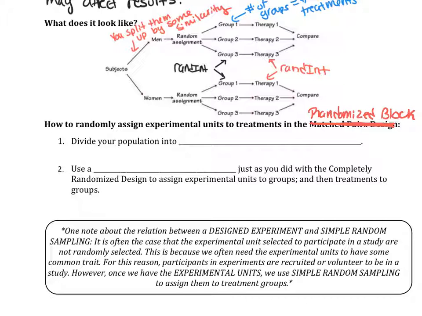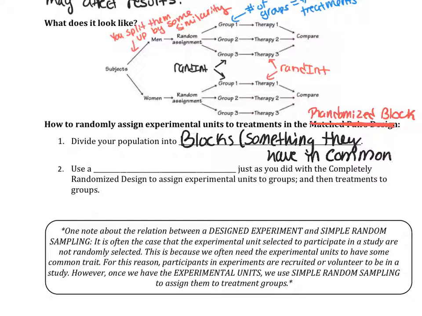So you're going to first divide your population into blocks, again, based on some similar characteristic, based on something they have in common. And usually that something is a factor that could affect your results. So if you think men and women are going to have different reactions to a drug, then splitting them up into blocks with males and females would make sense.